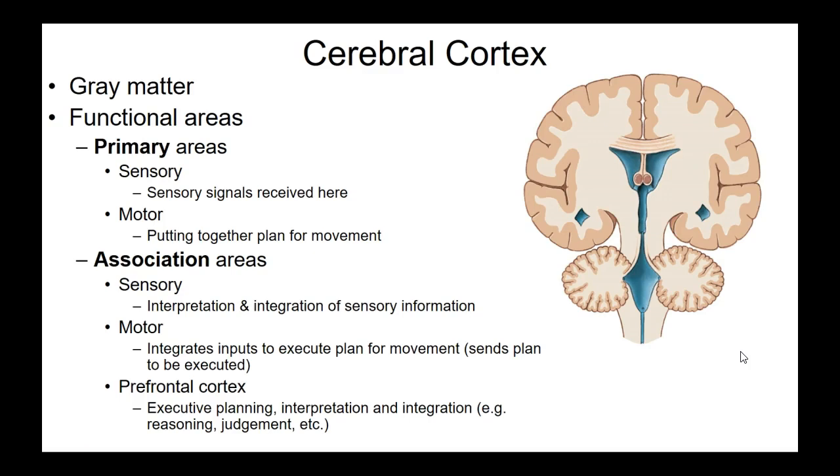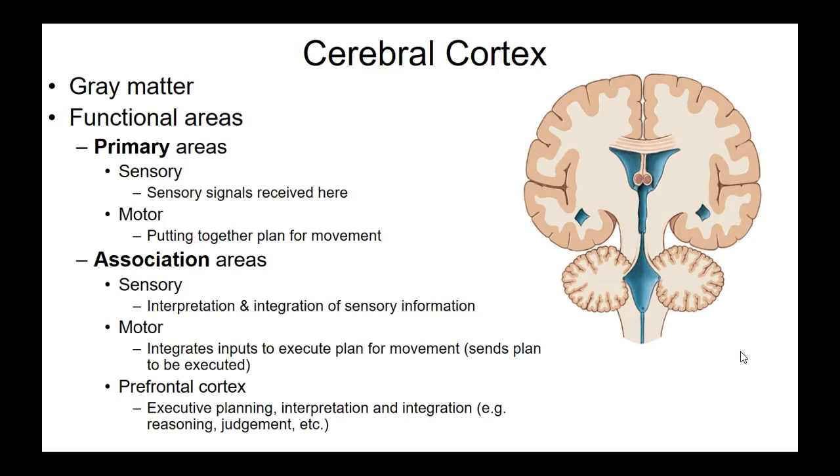Lobes are more anatomical distinctions; these are more functional distinctions. The two categories are primary and association. In many cases, the words primary and association are in the name of that area, but not always.